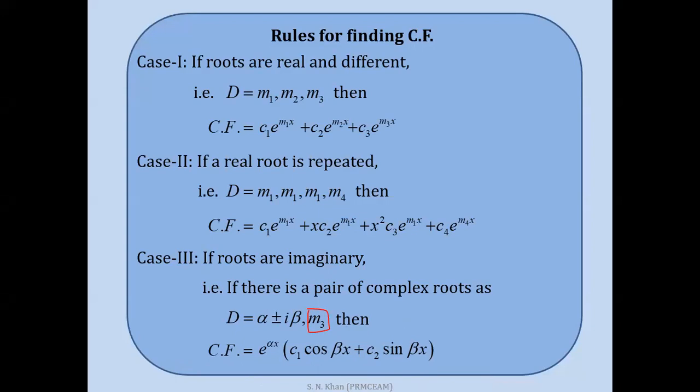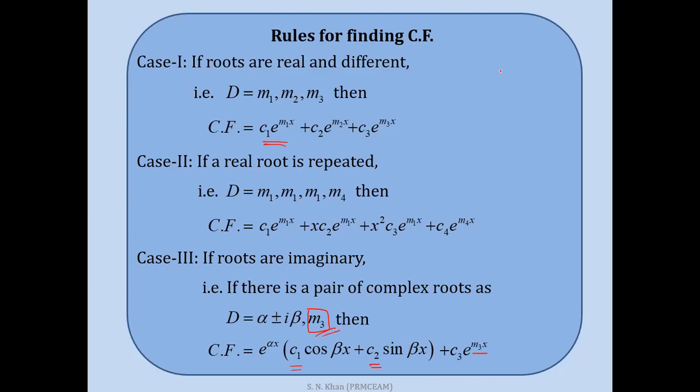The third root is remaining here, which is real and different, so for it we use the previous method we saw earlier. For real and different roots only the number of constants changes. Two constants are already written here, C1 and C2. So now we will use a third constant C3 and e to the power M3 x for the third value, which is M3.